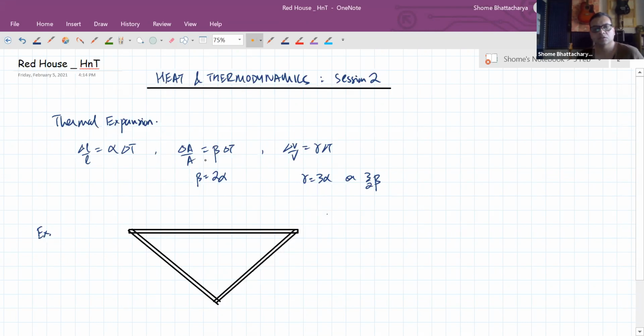So this is a metallic triangular frame made of 3 thin metallic rods hinged at the vertices. These two rods are of length L2 and are made of a particular metal which has coefficient of linear expansion alpha 2, whereas this one is of length L1 and is made of a metal which has coefficient of linear expansion alpha 1.